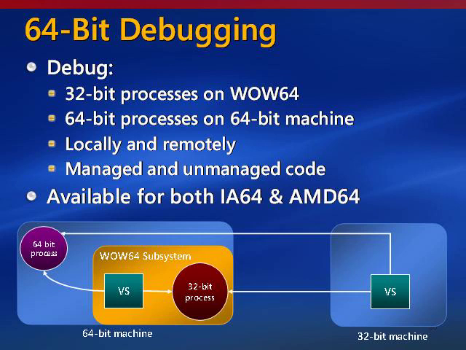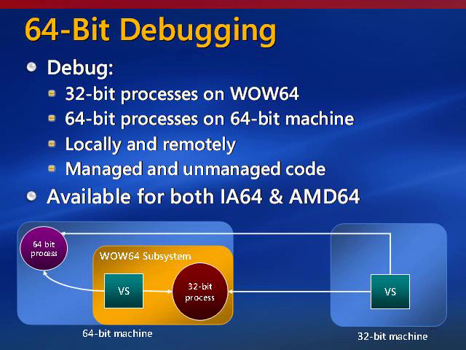Not only that, you can debug 32-bit processes running on WoW64, and you can also debug 64-bit processes running natively on 64-bit processors. Of course, you can do that both locally and remotely, and using both managed and unmanaged code. This is available for both AMD64 and IA64, so if you're developing for either of those platforms, you'll be able to use the debugger.